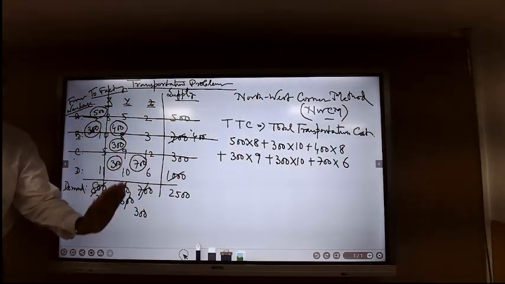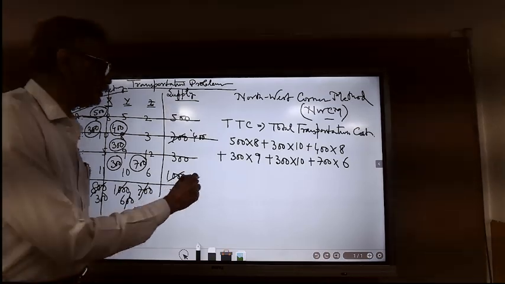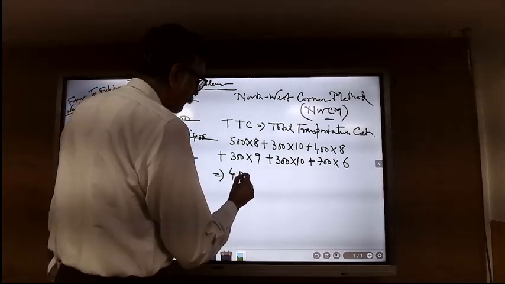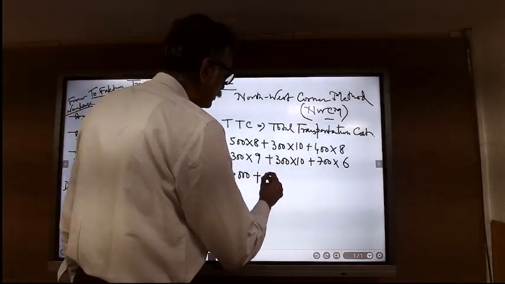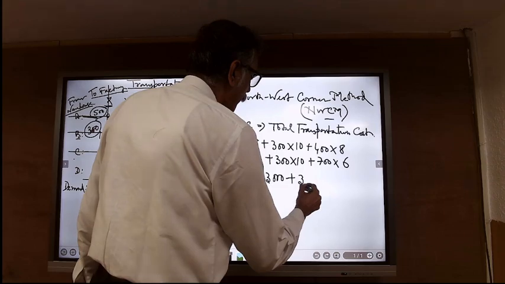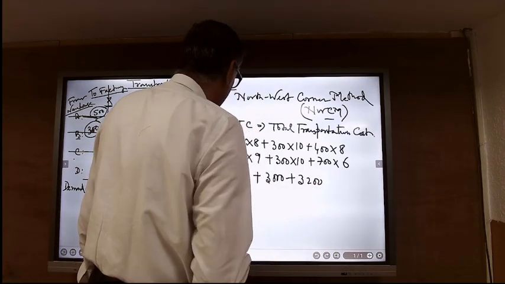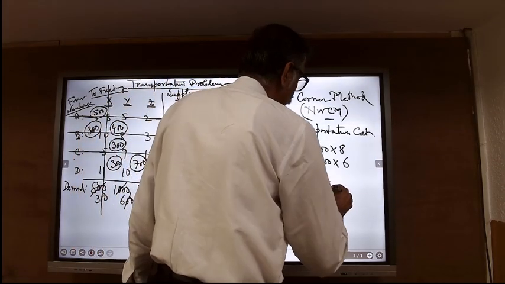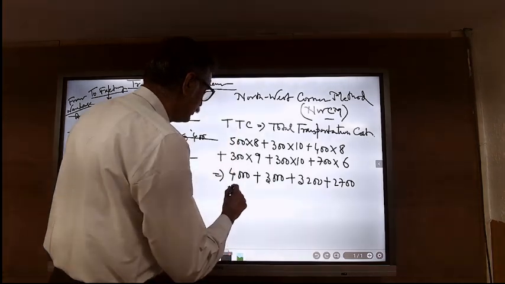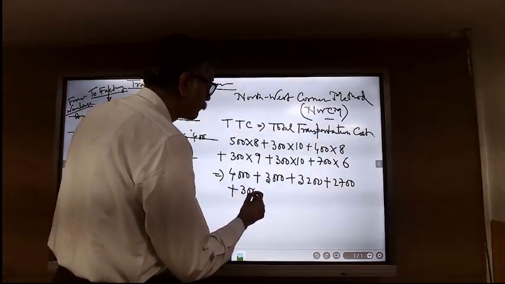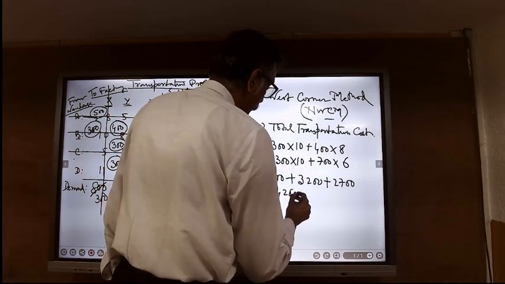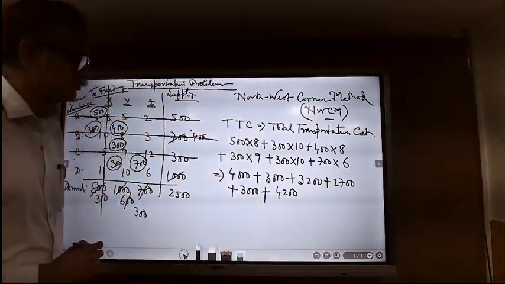So this is the total transport cost. It comes like this: 4,000, 3,000, 3,200, 2,700, 3,000 and 4,200.